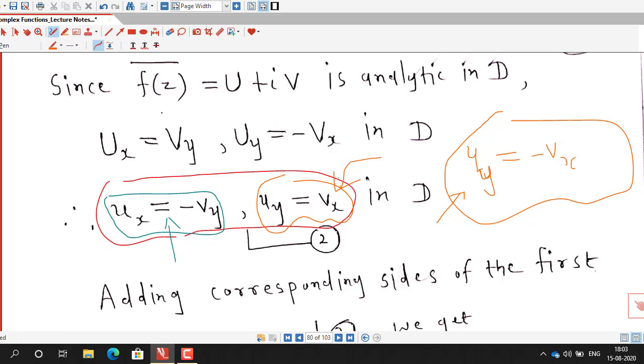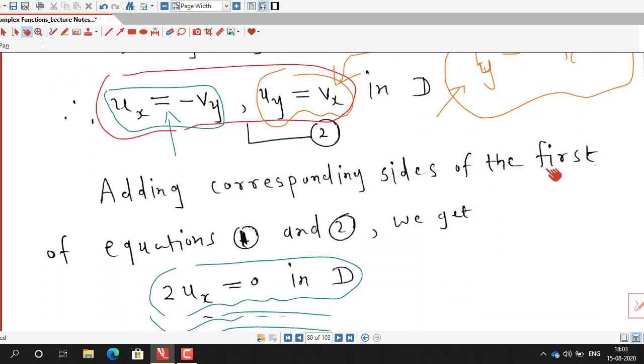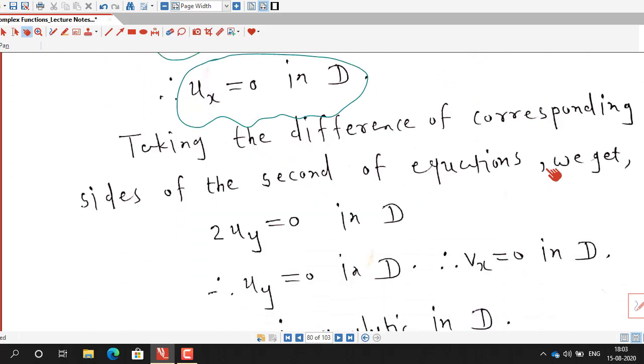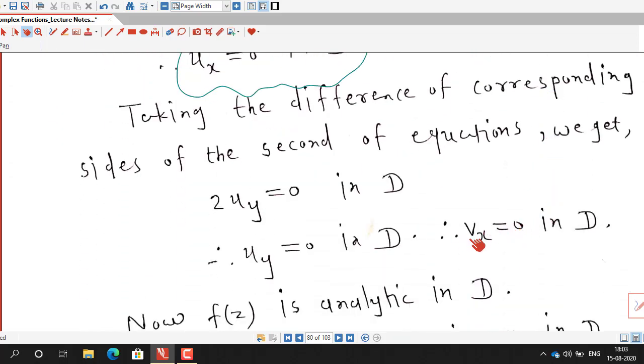So if we subtract these two, del u by del y minus del u by del y is 0, del v by del x minus minus del v by del x, so it will be 2 times del v by del x. So we directly obtain 2 times del v by del x equal to 0. Here I have taken difference of corresponding signs of second equations.